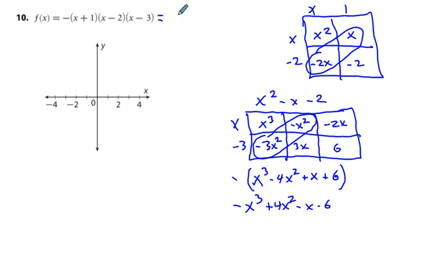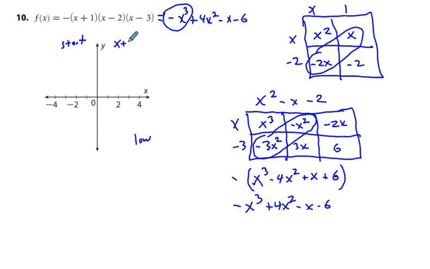We'll write this up here as negative x cubed plus 4x squared minus x minus 6. So our leading term here is going to be negative x cubed, which means we're going to start high and end low. So a negative characteristic.